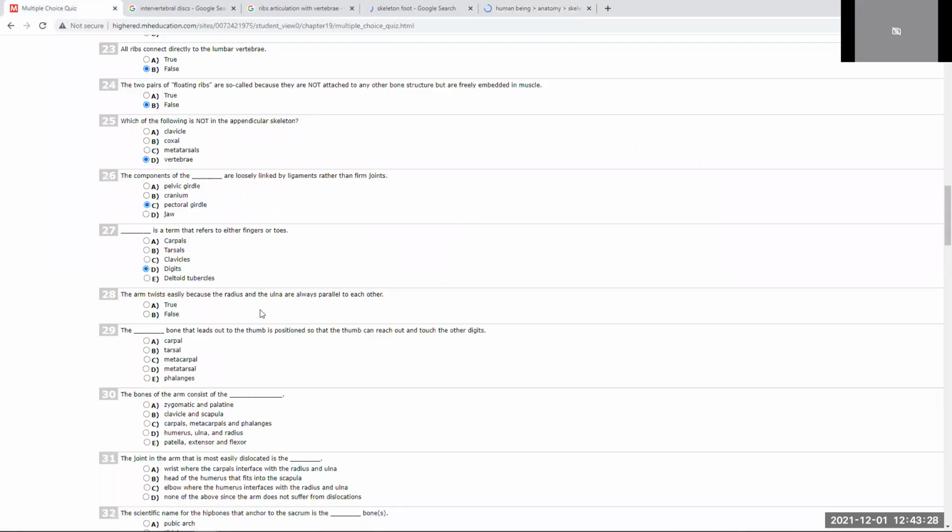Good. The arm twists because the radius and the ulna are always parallel to each other. Is that true? Try it out on yourself. Are they always parallel, or does one move over the other one? One moves over the other.